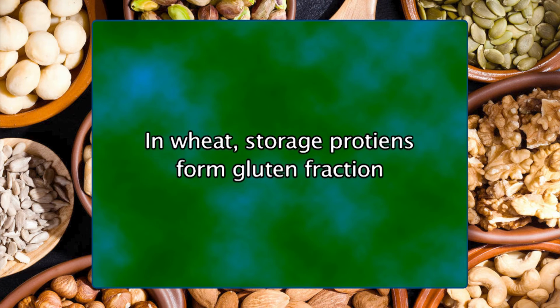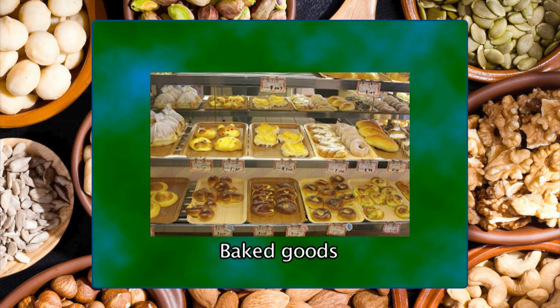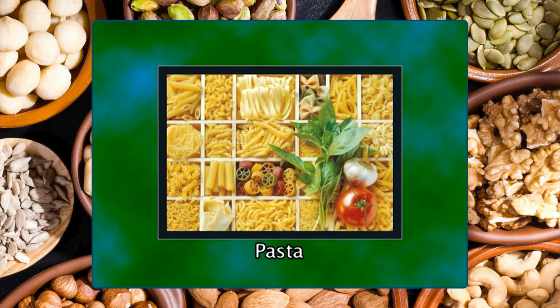In the case of wheat, the storage proteins form the gluten fraction, whose properties are largely responsible for the ability to use wheat flour to make bread, other baked goods and pasta. These properties are not shared by the storage proteins of other cereals.